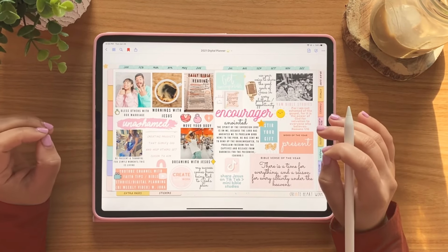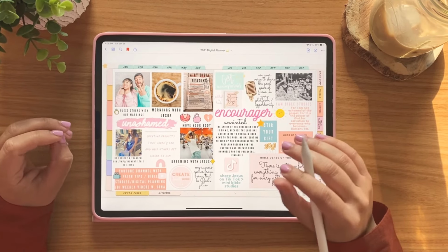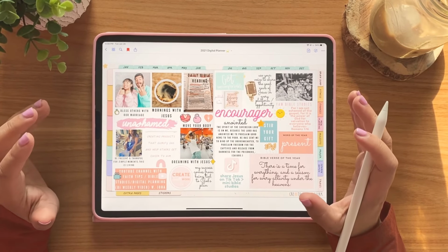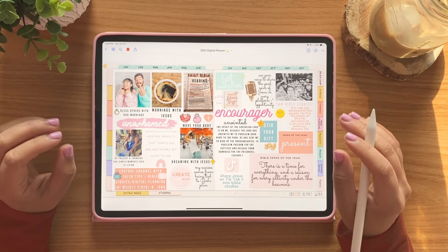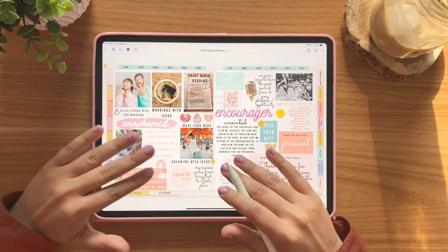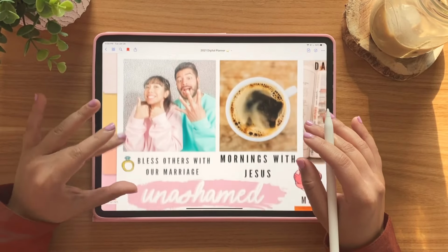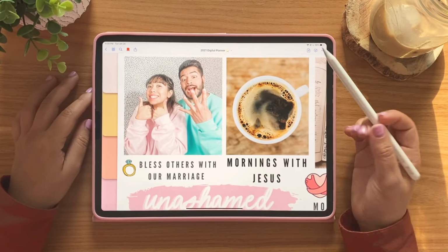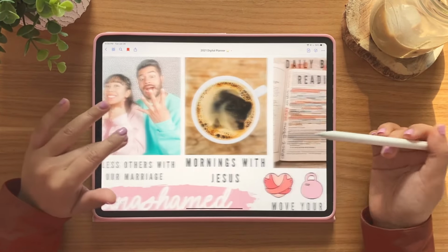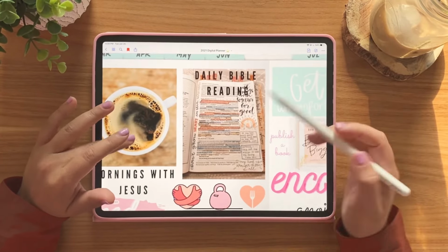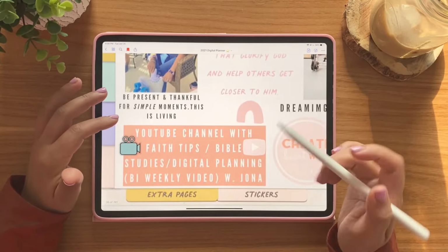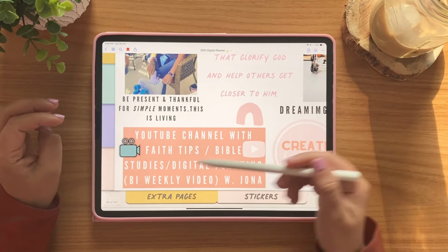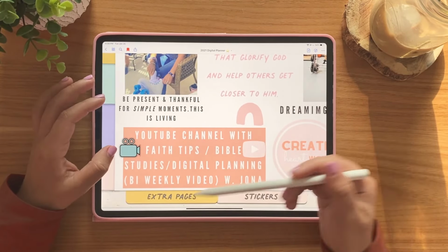I know it says vision board, but I think I'm going to change the word maybe for next year, a focus board. You know, I don't believe in manifestation. I don't believe in putting something down and that means it's going to happen. I want this to be what I'm focusing on this year, like blessing others with our marriage, mornings with Jesus, daily Bible readings, moving my body, dreaming with Jesus, YouTube channel with faith tips, Bible studies, digital planning with Jonah bi-weekly.